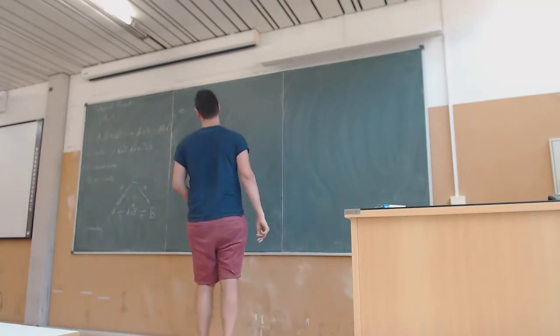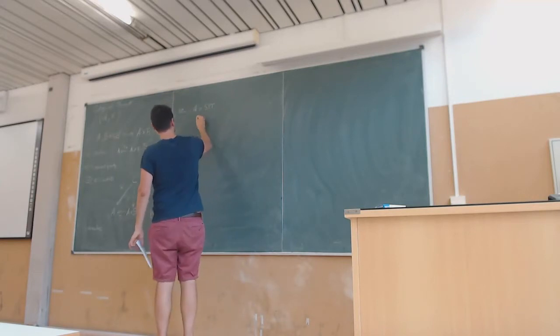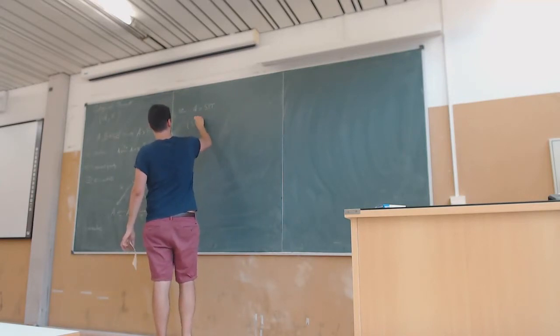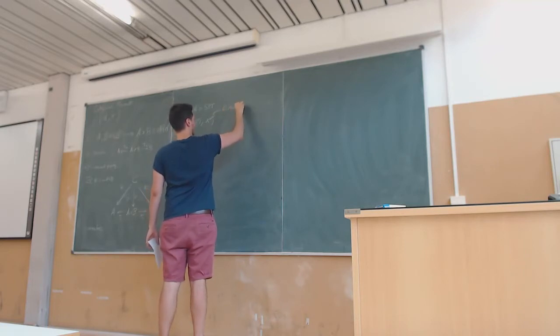Okay? So your exercise is to show that Set with X, Cartesian product, is a categorical product.